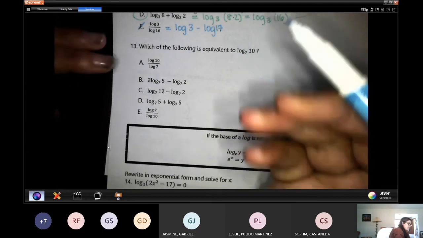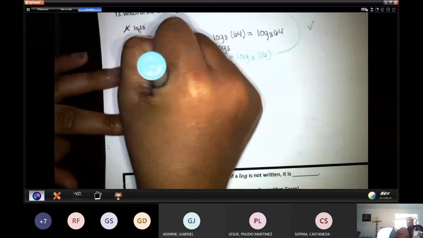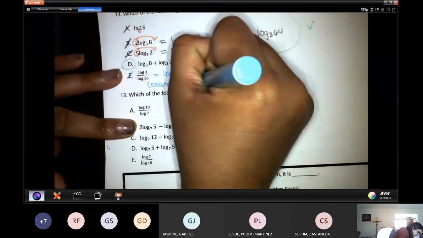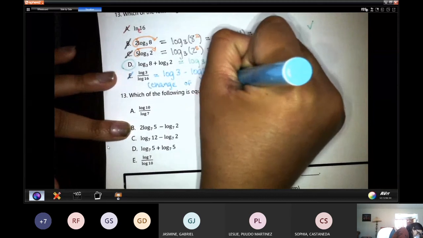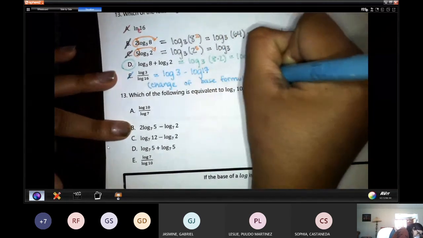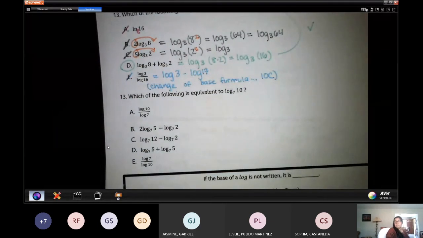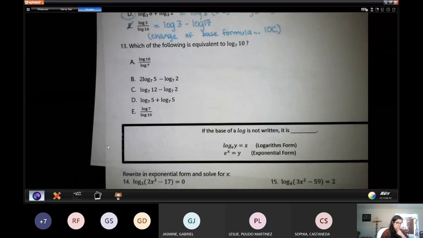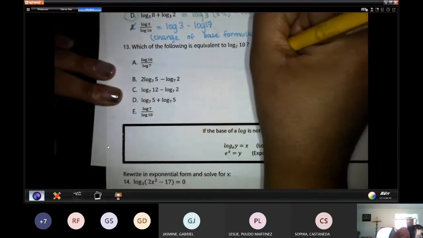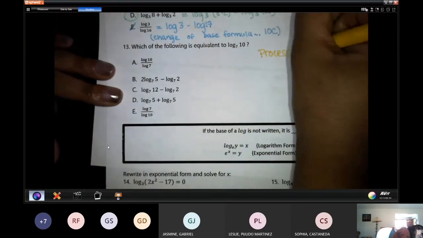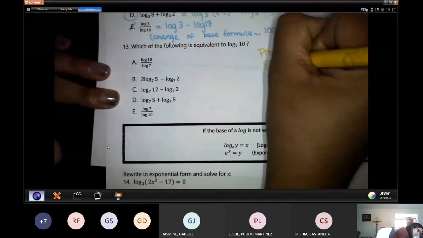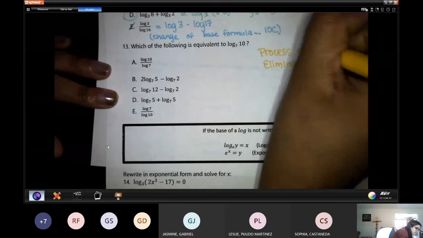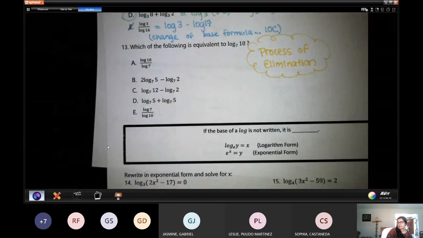So be very careful with this one. This is a question that I wouldn't give you on a quiz until we'd done 10C, but it is good to just make sure you're doing process of elimination, okay?